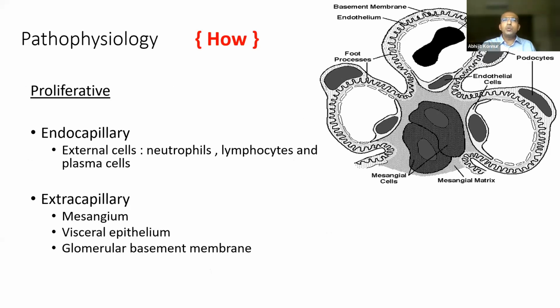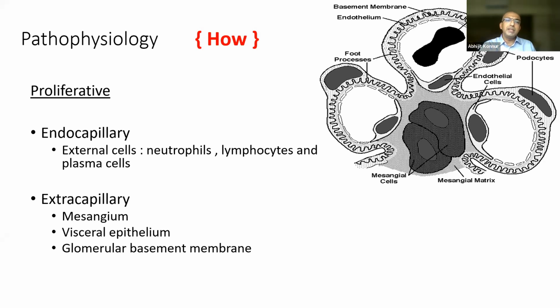Some things to know about the hows and whys of glomerular disease. So how does glomerular disease occur? If there is proliferation, meaning there is an increased amount of cells than are usually present, this can be either endocapillary or extracapillary. Endocapillary involves the capillary loops, so inside the capillaries.